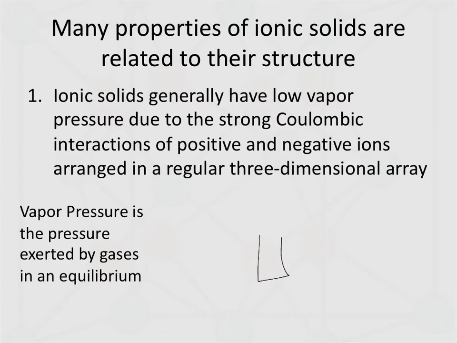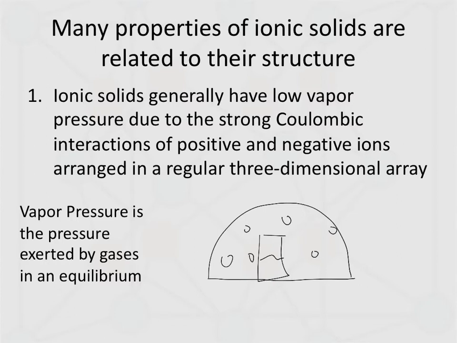Let's pretend this is a beaker. I know, my drawing's awful. And there is some substance inside this beaker, and we put it in this big bell jar, which has nothing else in it. We've pulled all the molecules out, so it's like a vacuum. And we put this liquid substance in there, or it could be a solid, and it starts to evaporate.